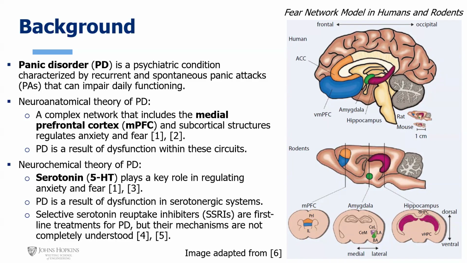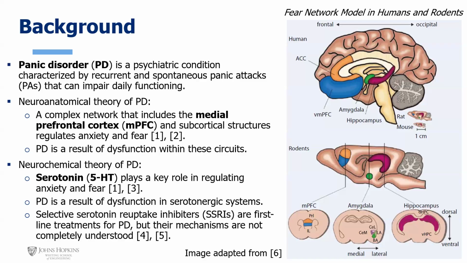The neuroanatomical theory of panic disorder was developed in the 1990s by Jack Gorman, and it essentially focuses on the brain structures that are involved in the regulation of anxiety and fear. So there's a complex network that includes the medial prefrontal cortex and various subcortical structures that regulates anxiety and fear.